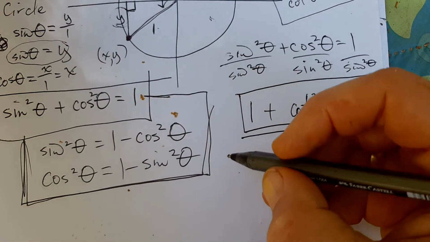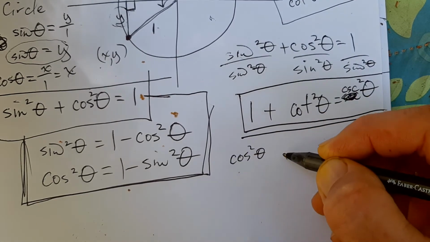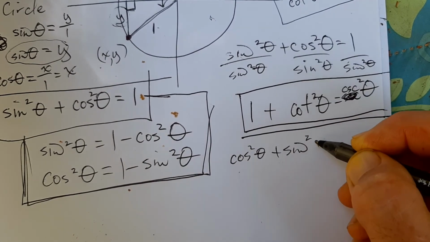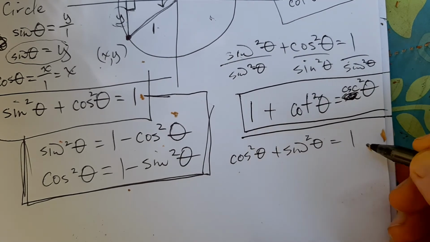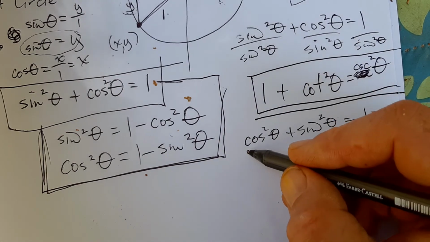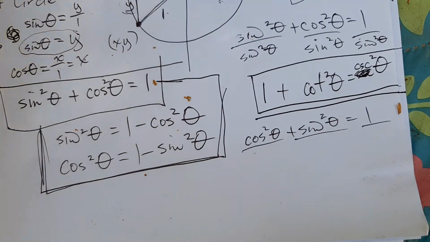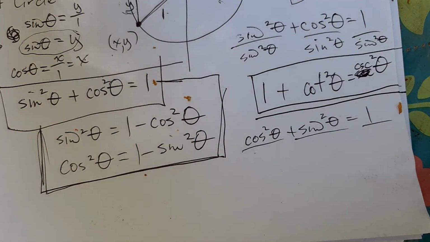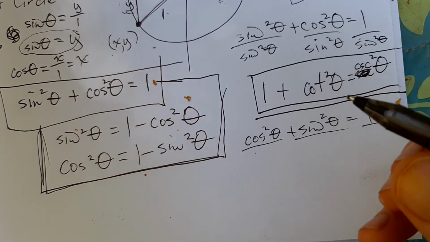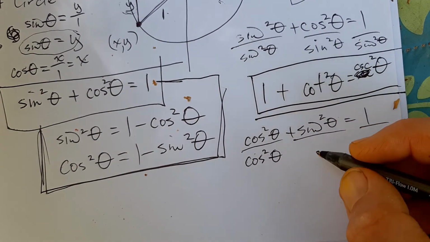Okay, and then one more. Well, you can see what I'm about to do here, right? Now let's go with cosine squared theta plus sine squared theta equals 1. So if you ever see some of these weird things and you get confused, don't worry about it. You can always go back to sine squared theta plus cosine squared theta equals 1, and divide, manipulate, and you'll come to the ones that you may have forgotten.